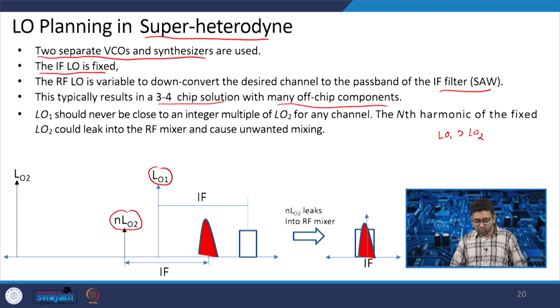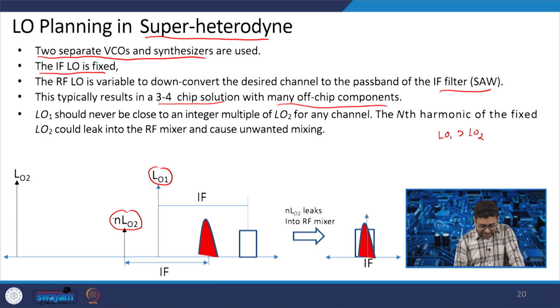So, LO1 should not be an integer multiple of LO2 for any channel, as the nth harmonic of the fixed LO2 could leak into the RF mixer and cause unwanted mixing. Here a good example is given. LO1 should never be close to an integer multiple of LO2. This LO2 is lower.